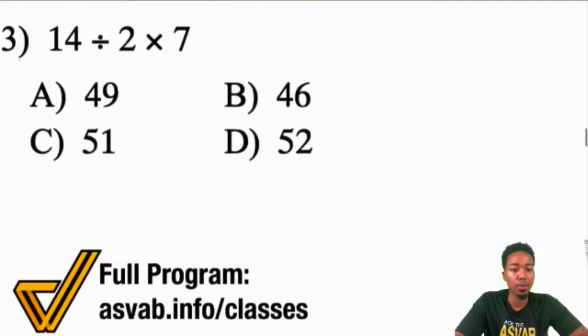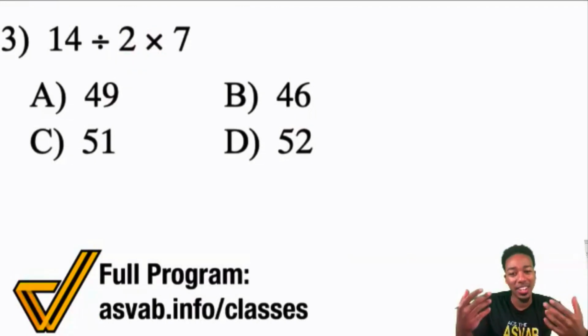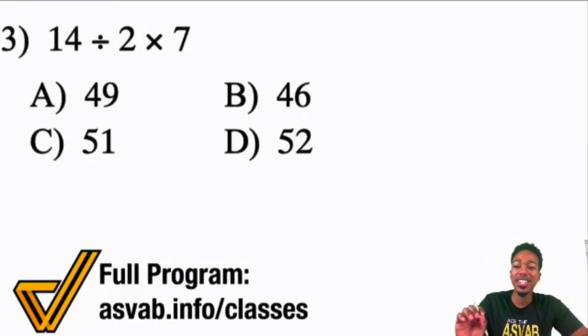So here we go, number 3. We have 14 divided by 2 times 7. So many people would have made the mistake of saying 2 times 7 first, but at the end of the day, that is not the correct way. Remember that multiplication and division are the same operation.